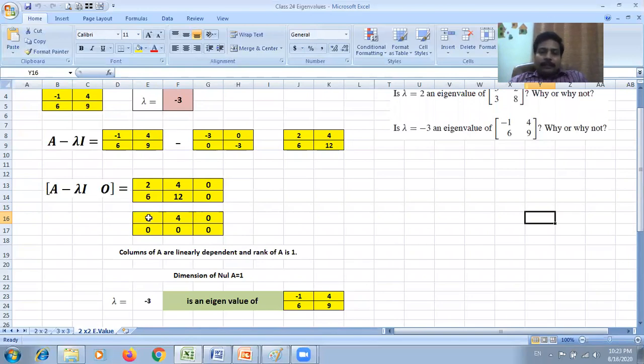We have the rank theorem: rank A plus dimension of Null A is equal to n. n is 2 here, so the dimension of Null A is 1. That means there is a non-trivial solution for this system of equations. So lambda equal to -3 is an eigenvalue of the given matrix.